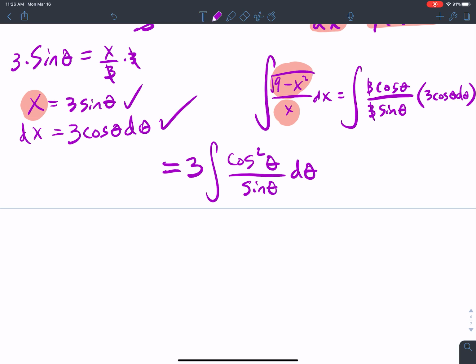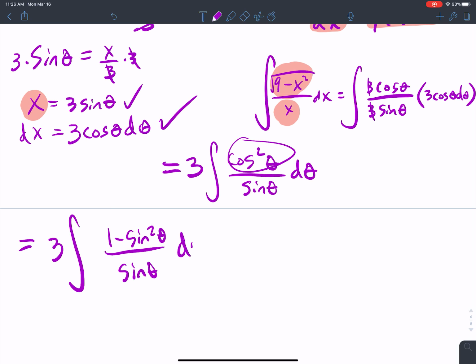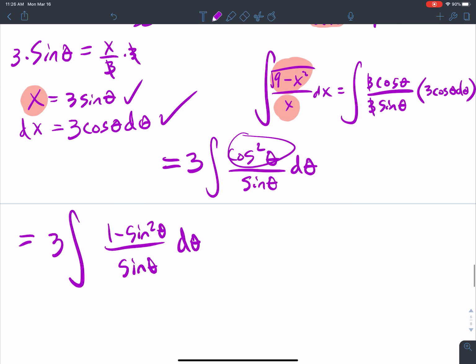But I can rewrite cosine squared in terms of sine using the Pythagorean identity. So this becomes 1 minus sine squared theta over sine theta d theta. And then I can use my long division and break it up.